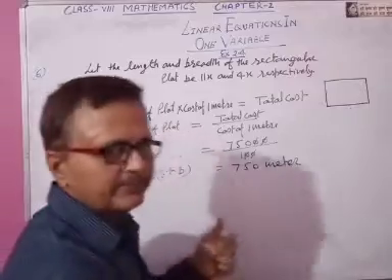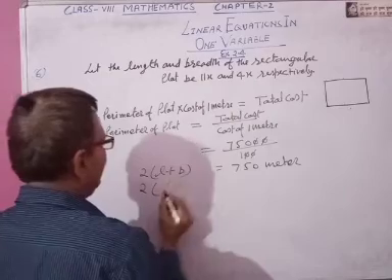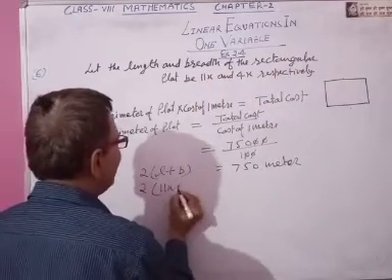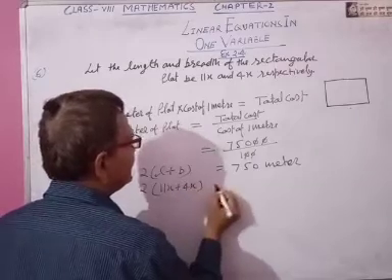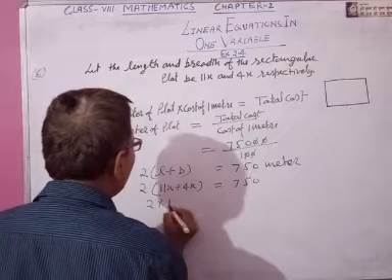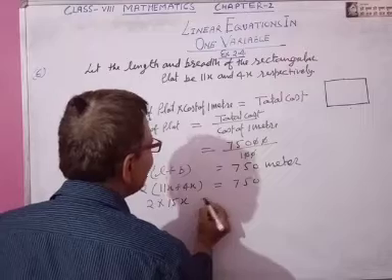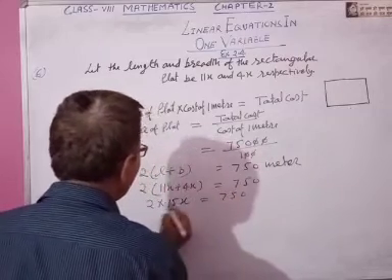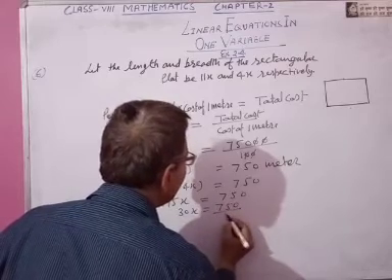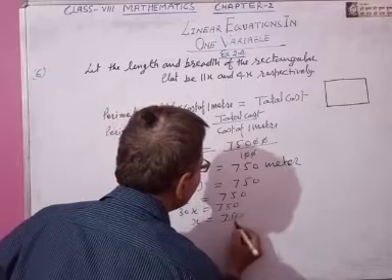Now length is 11x, because it is 11:4, and breadth is 4x, equal to 750. 2 multiplied by (11x plus 4x), 2 times 15x, 30x equal to 750. x equal to 750 upon 30.